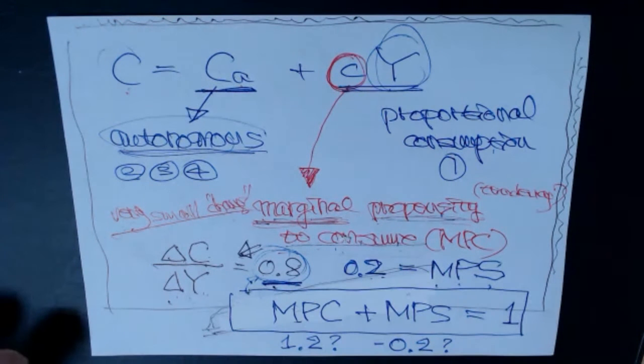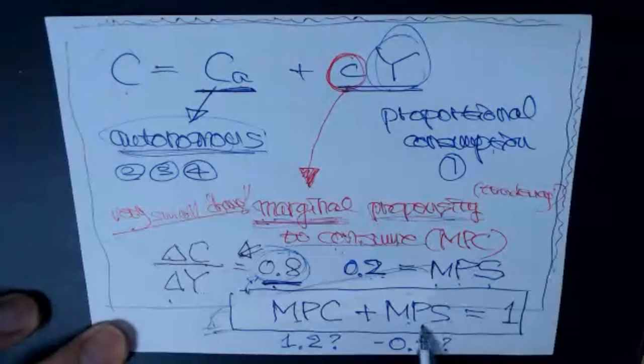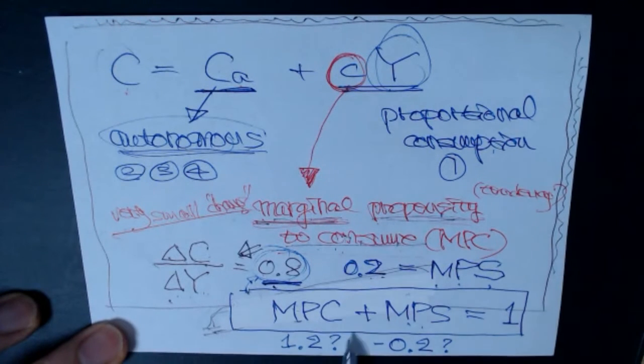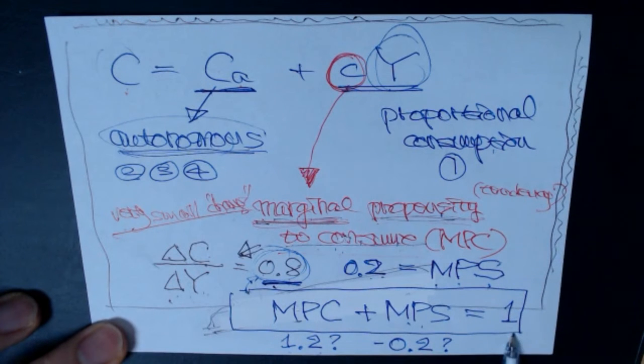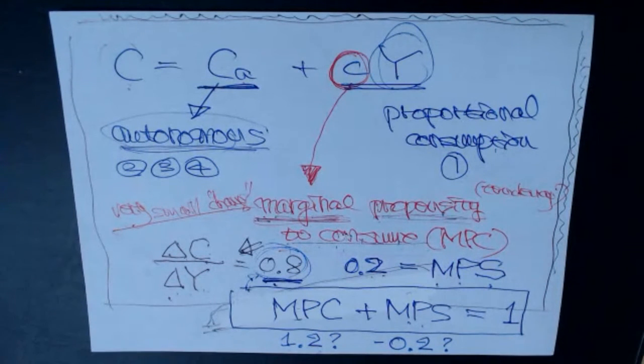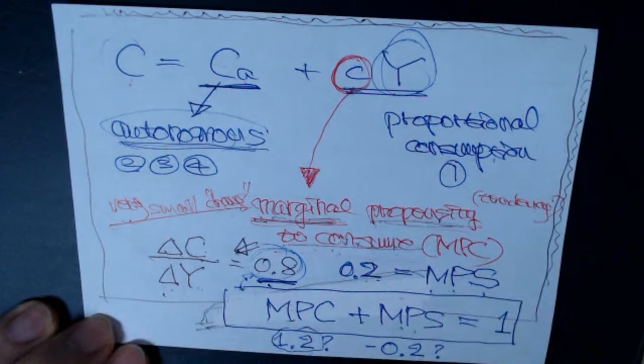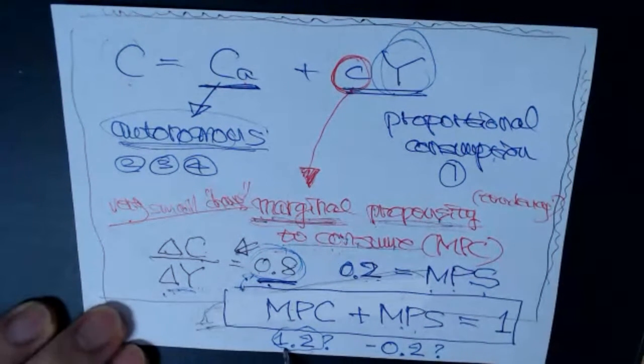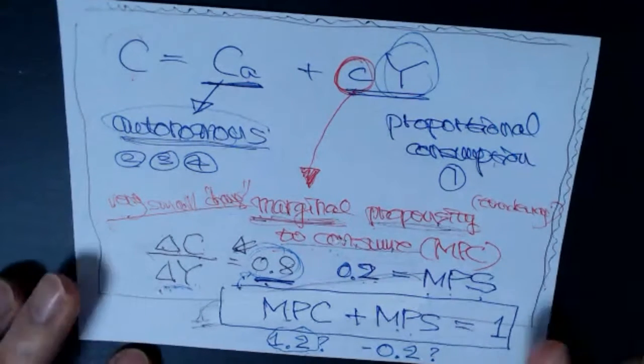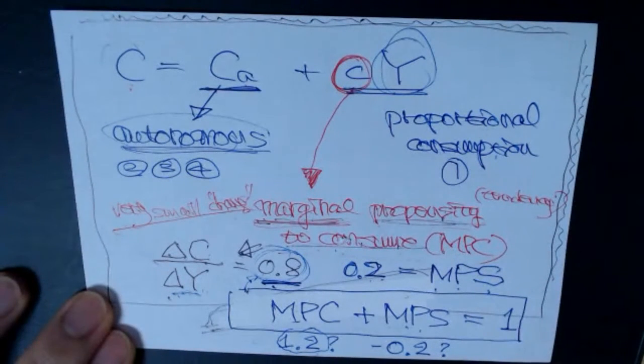Guang, you said if they save, this one should be positive, so 1.2 plus a positive number would be greater than 1. My answer is that the number I gave you is not possible. It's not possible because 1.2 means that when they have additional income, they're likely to spend 120% of their additional income. This is not logical, not reasonable.